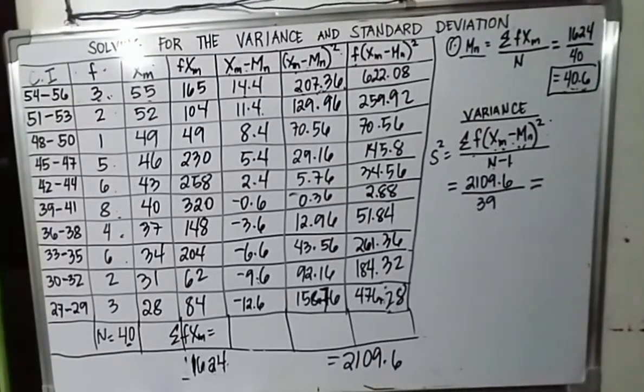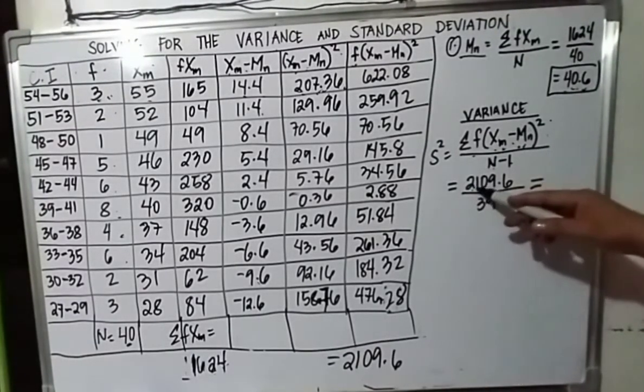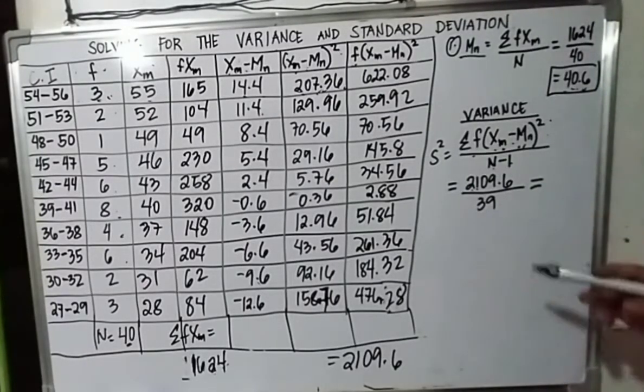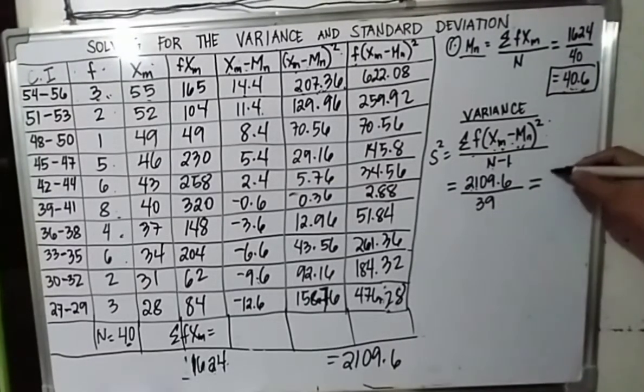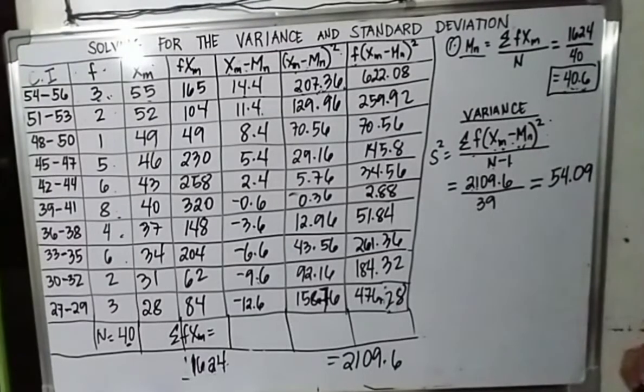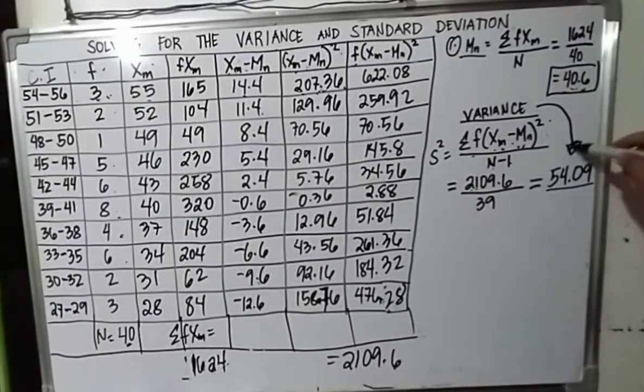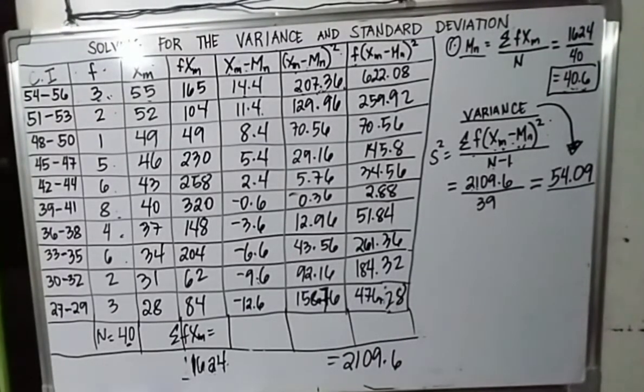So that is equivalent to 2,109.6. I-divide natin sa 39, the result is 54.09. 54.09 is our variance.